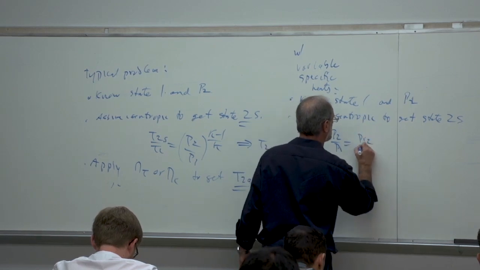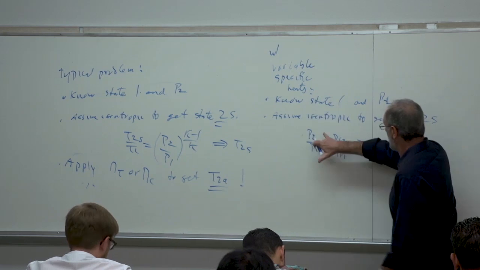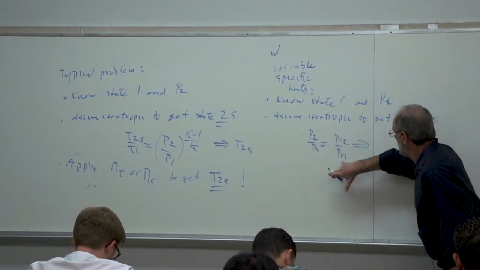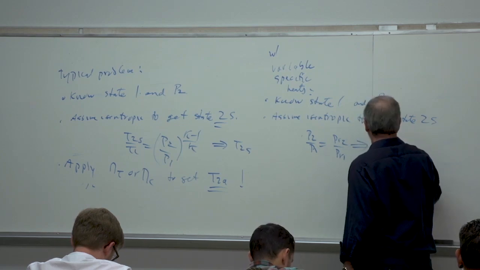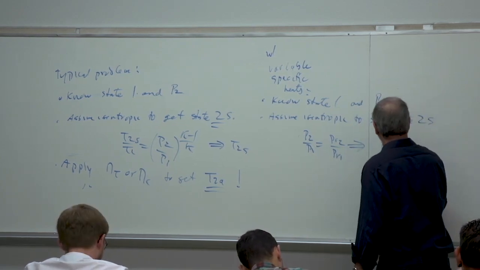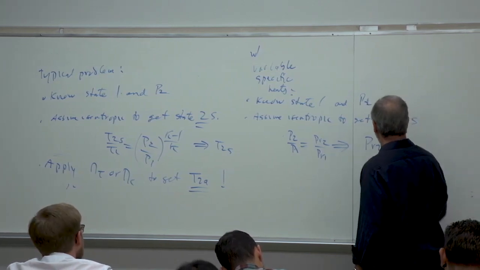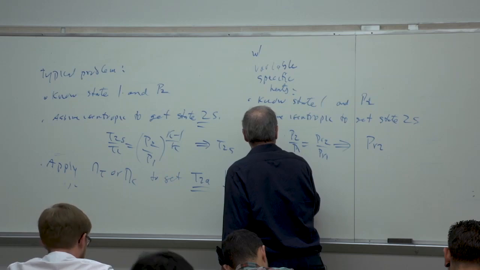P2 over P1 equals PR2 over PR1. Again, we know P2, we know state 1, and therefore look up PR1. We use this to get PR2. And then once we have PR2, then we just continue in table A17.